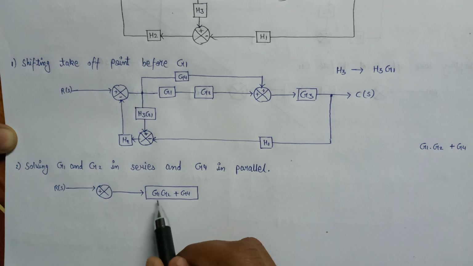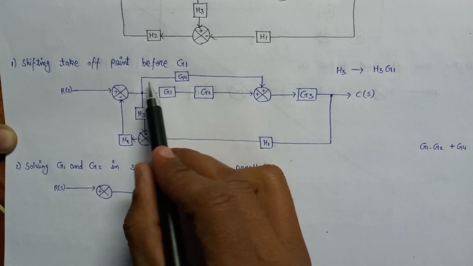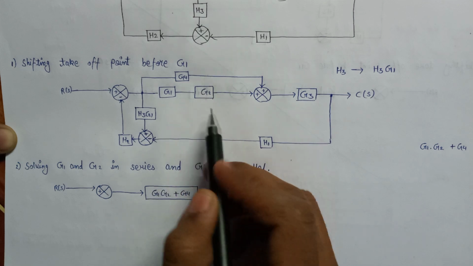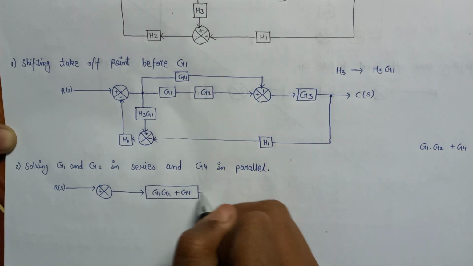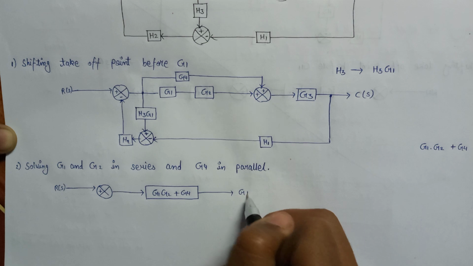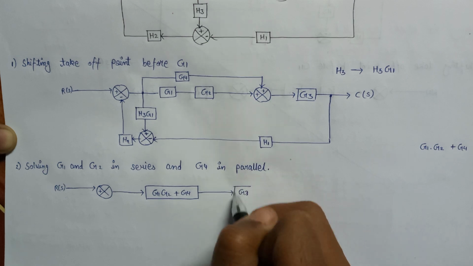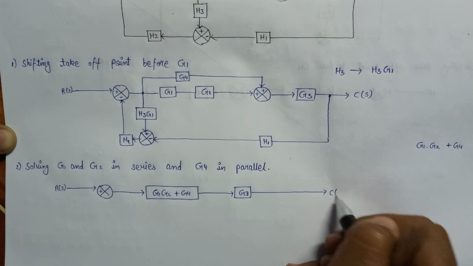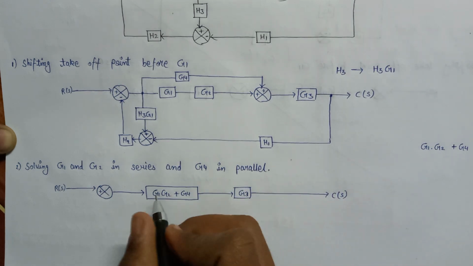We write this block in place of this whole system, that is the series and parallel combination. After this, G3 is directly connected, and here is C of S, that is the output.